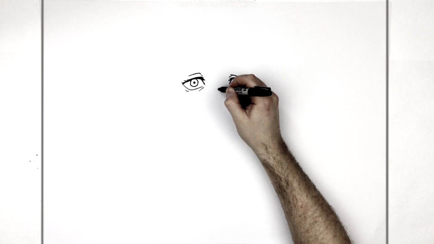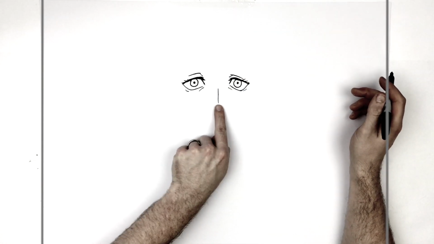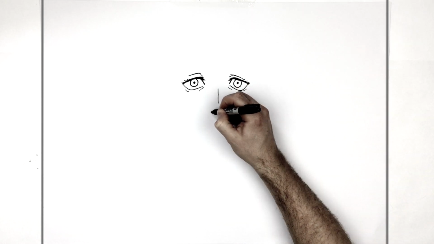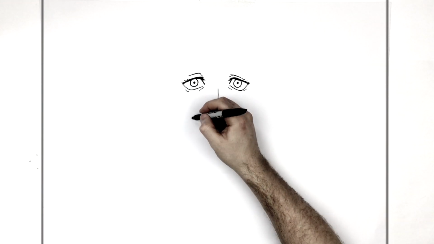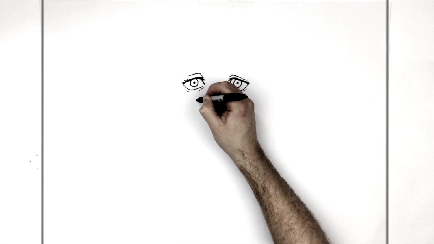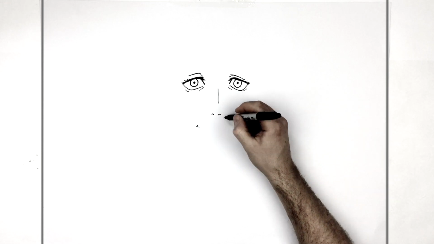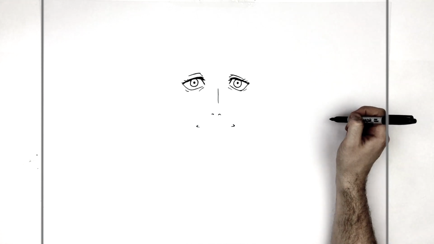So his nose, pretty simple, a line straight down. It's not bang in the middle, it's a little bit over to the right. And then his nostrils, just down here, like so. And his mouth, so he's got a big smile, right? So it starts underneath his pupils, just down here, on there, like so.